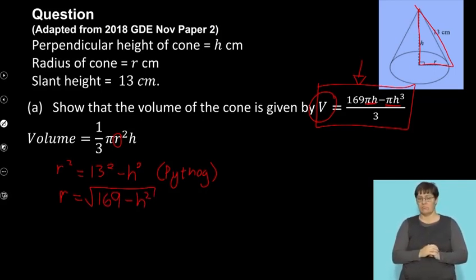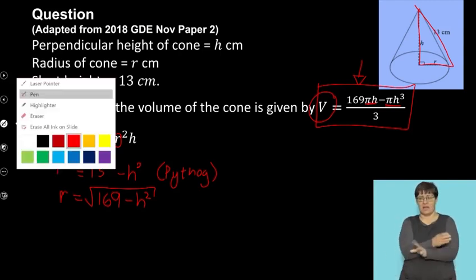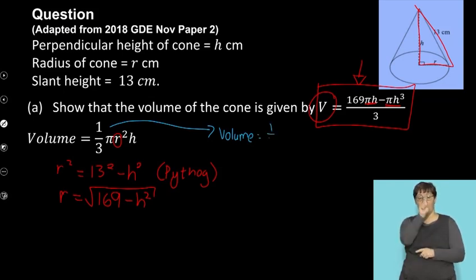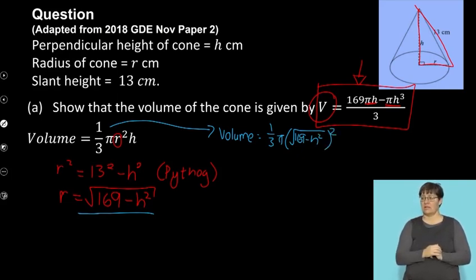So now all that I'm going to do is replace my expression for r into the volume formula. The volume will be equal to 1/3 pi times my radius, which I've written as the square root of 169 minus h squared, squared and multiplied by h.